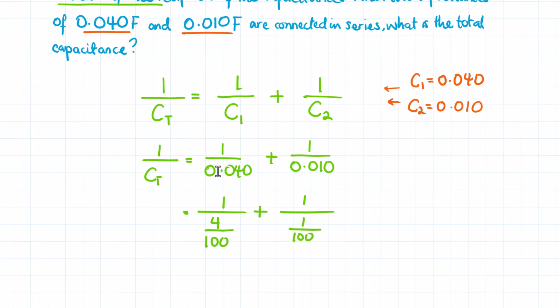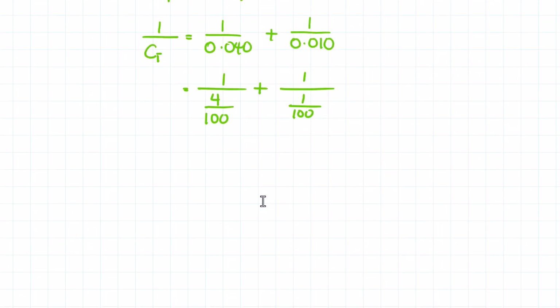Therefore, since this is division, the denominator is going to be flipped to become the numerator, and the numerator will become the denominator for both fractions. What we have is 100 over 4 plus 100 over 1.